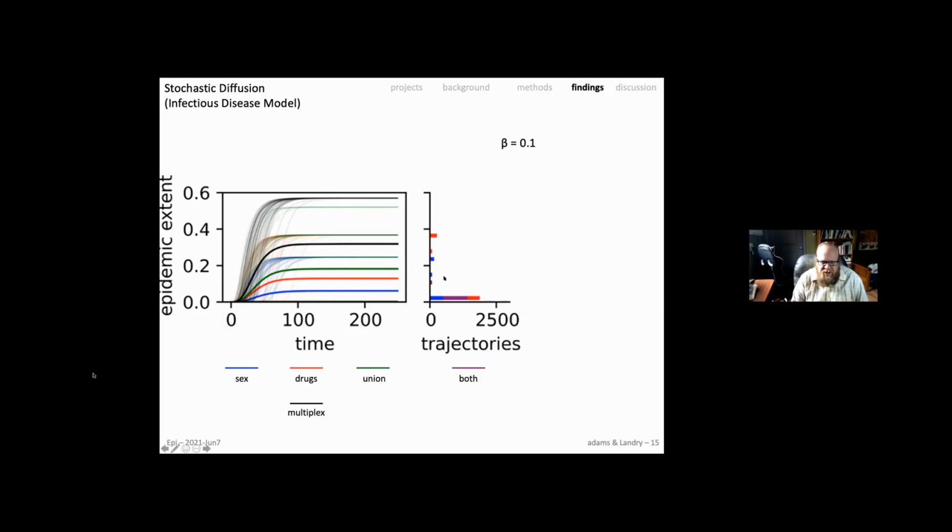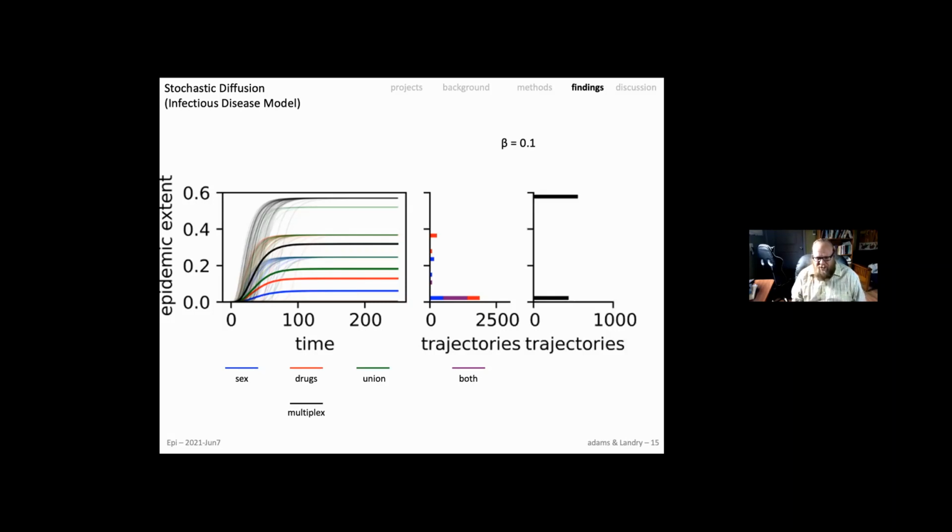But some proportion of them reach some larger portion of the population, including a relatively non-trivial number that is much larger than that average that I'm showing you here. So this drug sharing network reaches almost 35% of the population, which is larger than the average of any of the curves. So this average is combining a lot of simulations that never reach anybody, and then a variety that reach some non-trivial proportion of the population.